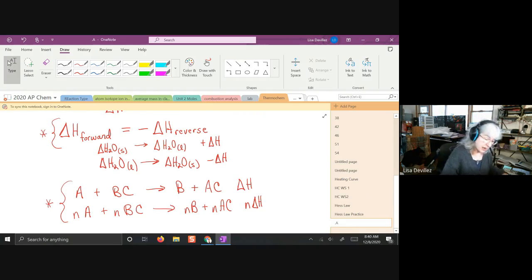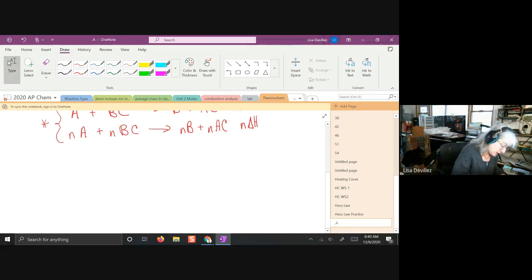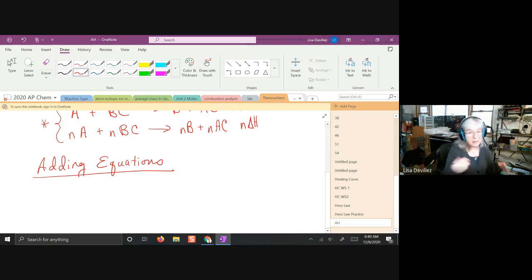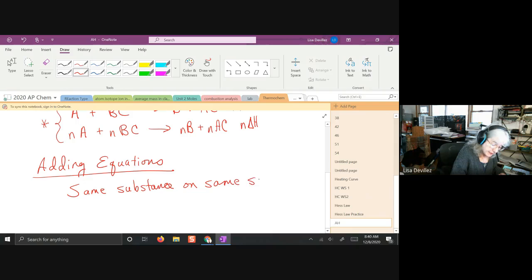If we are adding equations, and this is going to make a lot more sense once we actually start doing some problems with it, if I have the same substance on the same side, then we add those together.